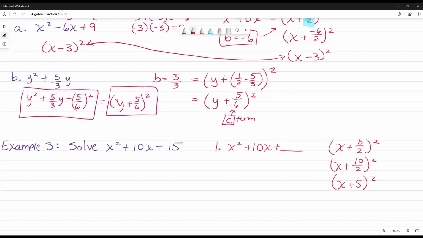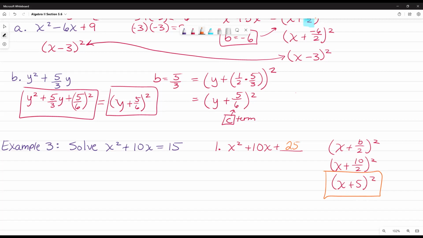And x plus 5 squared means that our last term there is 25. But we don't have to worry about factoring it because we just created already the perfect square trinomial. I keep saying that, the squared binomial. So this is our squared binomial.